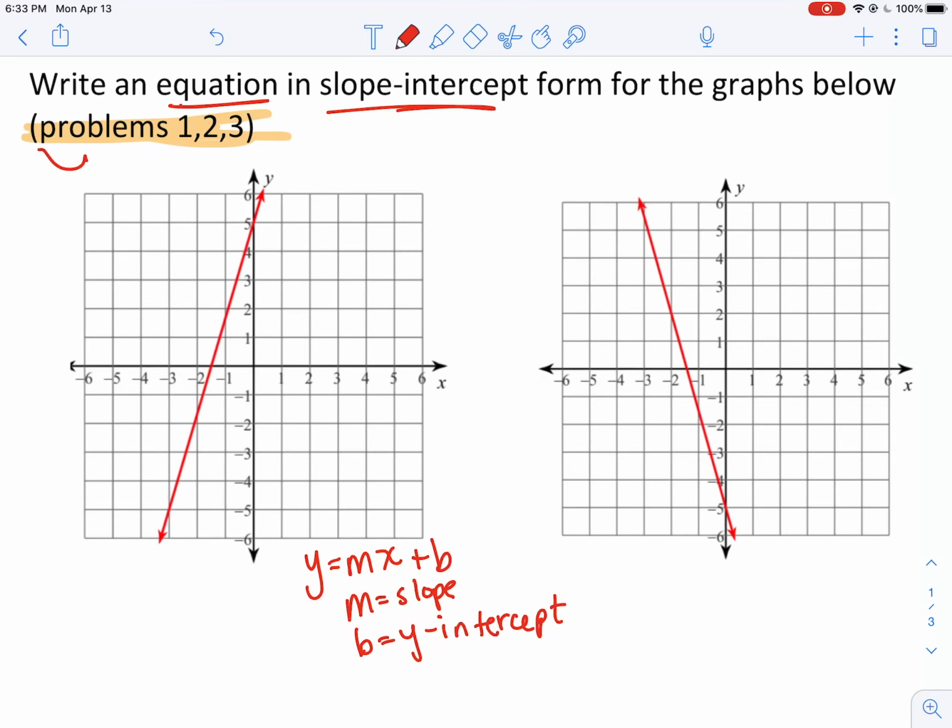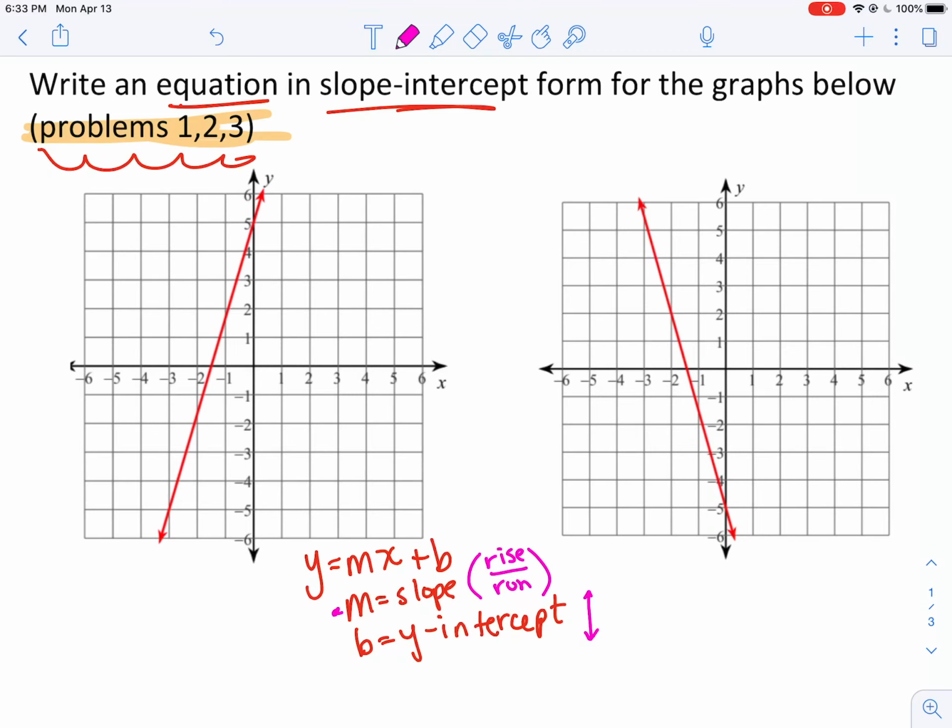These are problems 1, 2, and 3. All I need to do for both of these graphs is to identify the slope, which when graphing is rise over run, and identify the y-intercept, the point where your line crosses the y-axis, or the vertical axis.